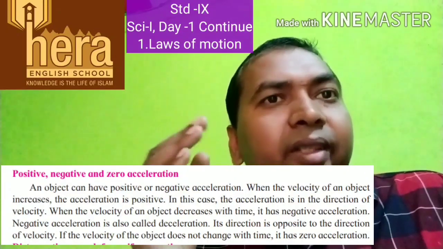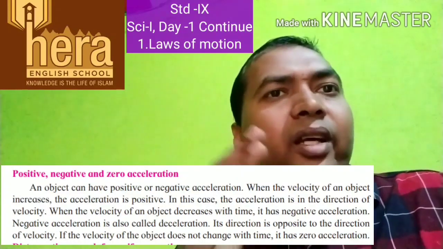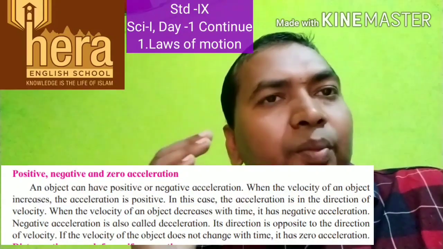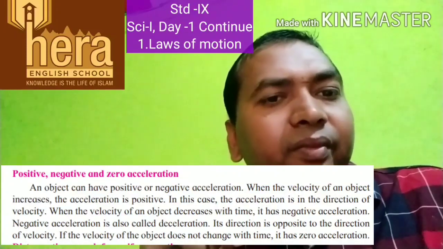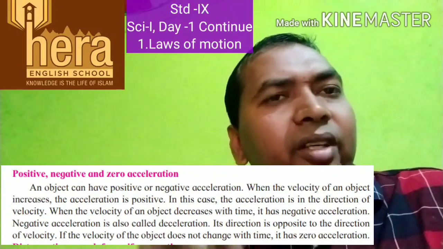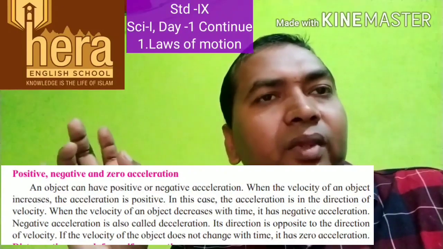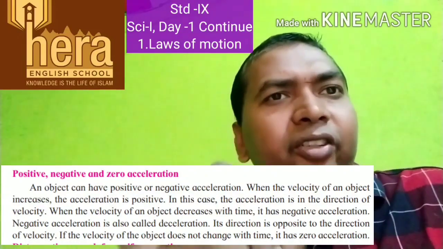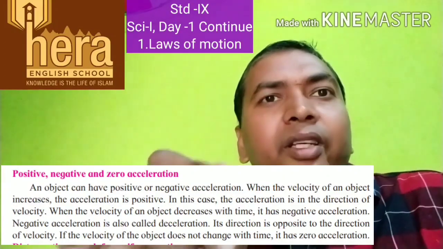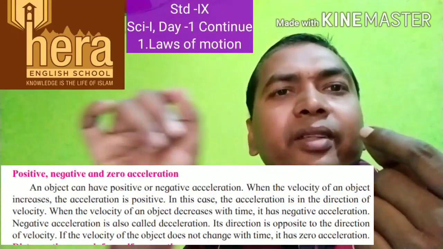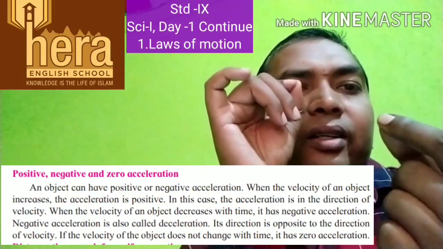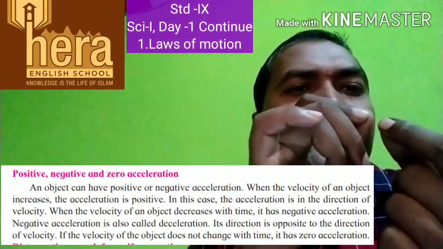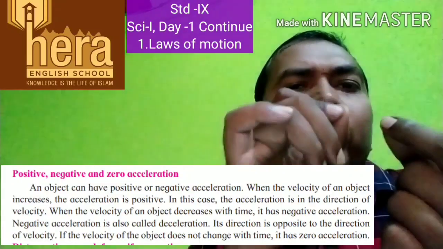And now types of acceleration. There are three types of acceleration: positive acceleration, negative acceleration, zero acceleration. Positive acceleration means there is an increase in velocity. It means in the starting the object is moving with the velocity 2 meter per second.